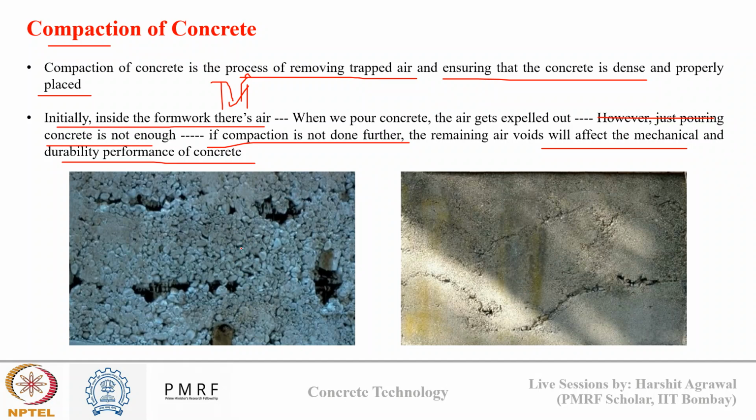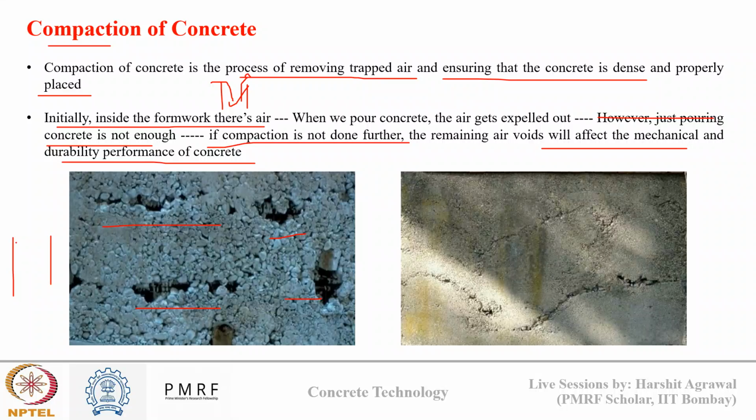The images show poorly compacted concrete which resulted in voids on the surface after the removal of formwork. The first image shows honeycombing. So this is known as honeycombing voids, which are big voids on the surface of concrete, created due to inability of my concrete to flow to all confined spaces inside the formwork on its own.